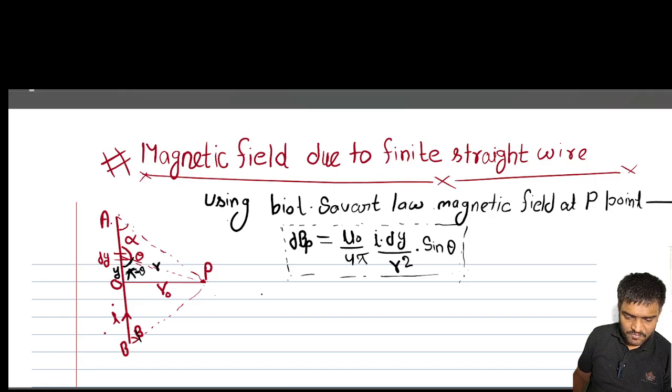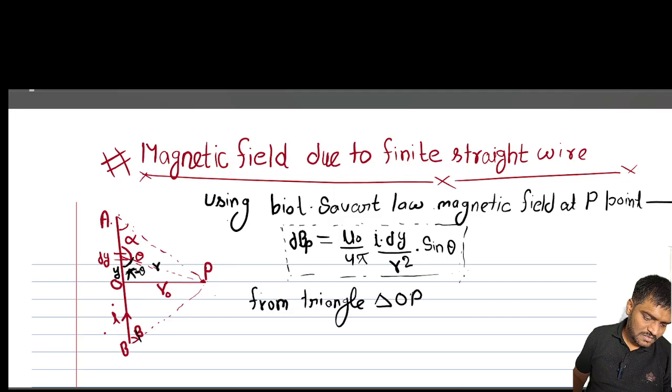From triangle, we assume P, Q, O. So first we will convert dy into theta.